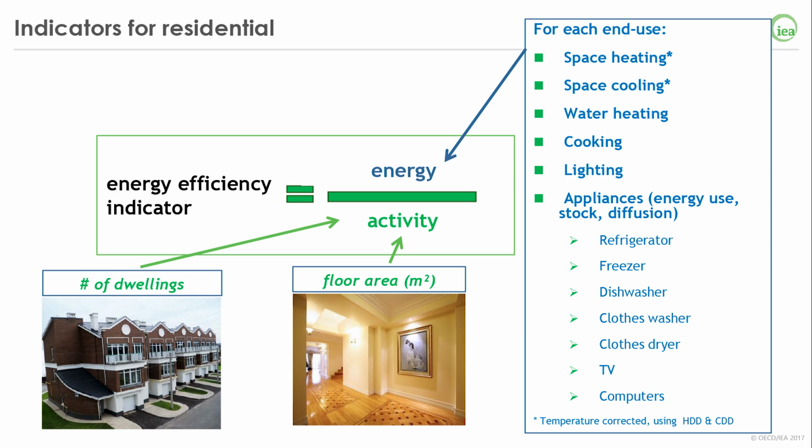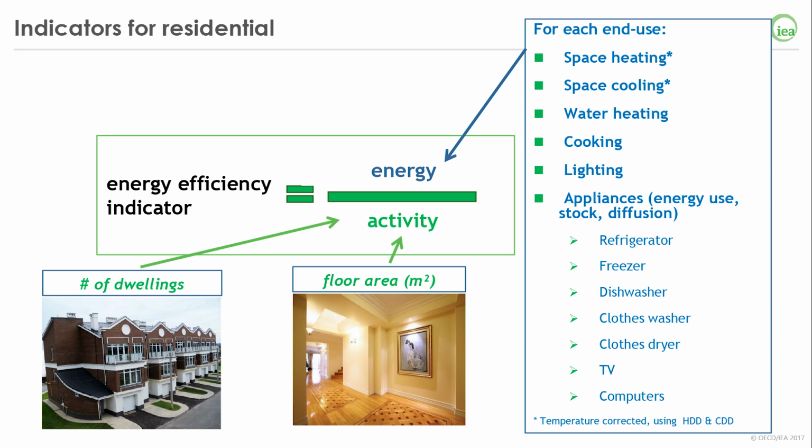It is also important to collect data on heating degree days and cooling degree days in order to correct space heating and space cooling energy consumption for the year-to-year variation of the temperature. In other words, when we analyze energy efficiency indicators for space heating and space cooling, we want to observe changes in energy consumption resulting from the energy efficiency improvements, and not from the milder or heavier winter.